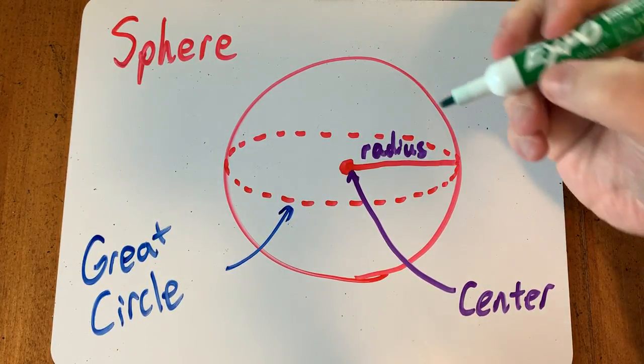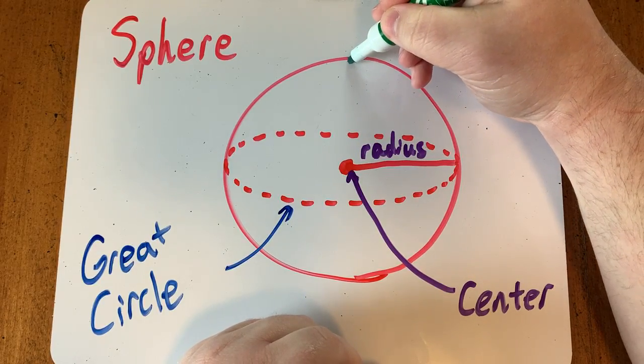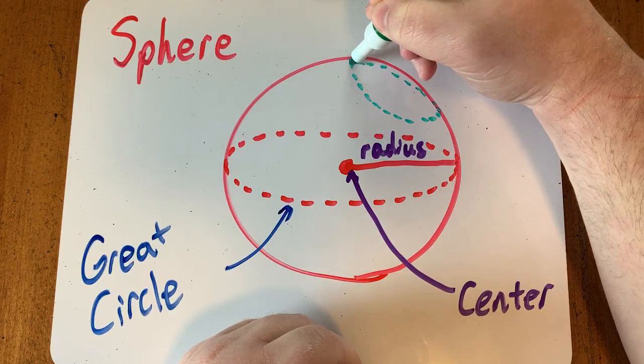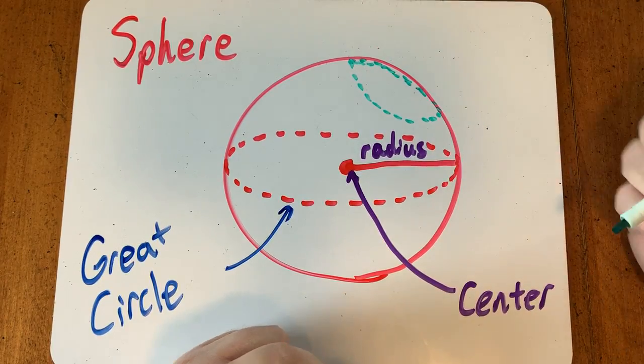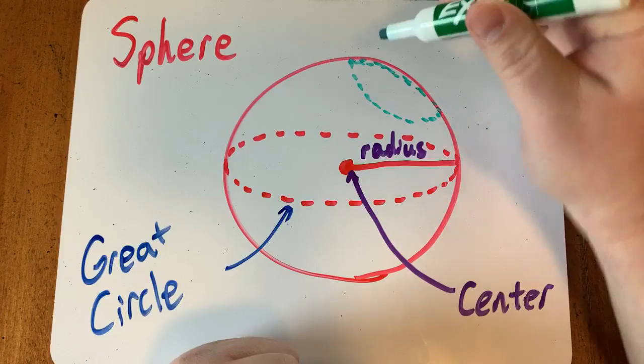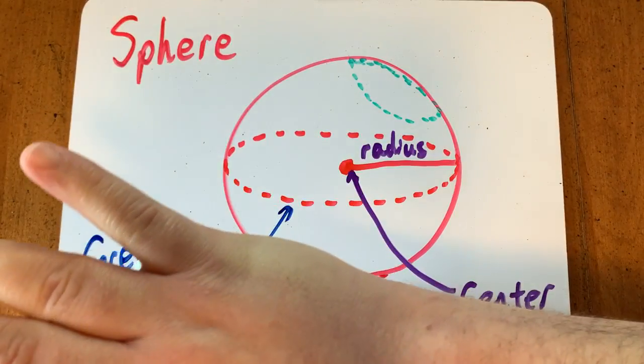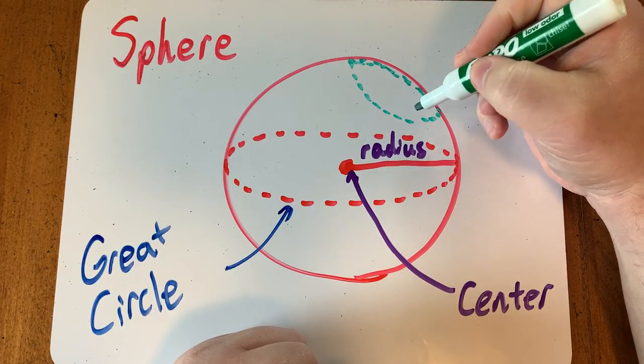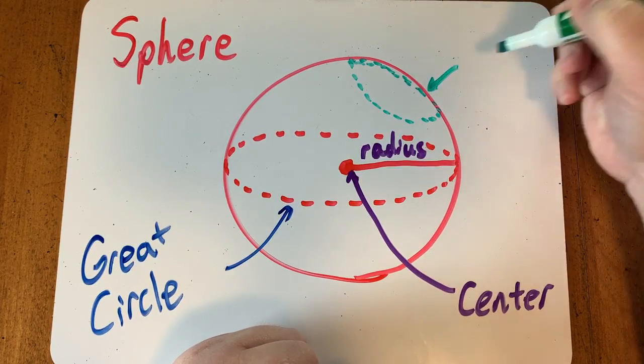But that's not all the circles that we can have. I could draw a little circle up top here, just like taking a slice, taking a knife and cutting through the sphere, and that will create another circle.